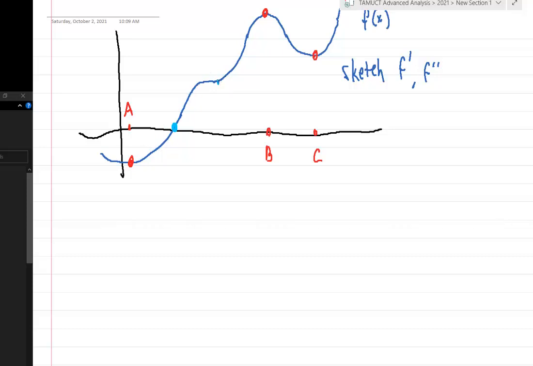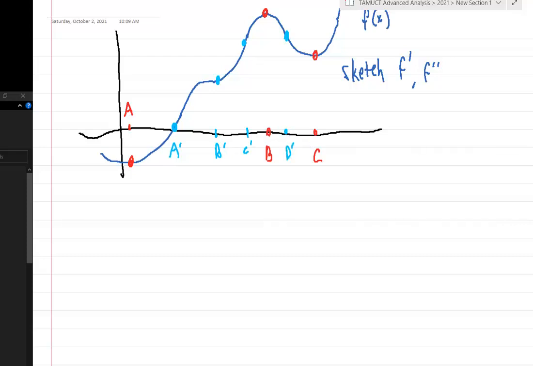Here's another point of inflection: concave down, now concave up. Here's another: concave up, then concave down. Here's another: concave down, then concave up. And those are all the points of inflection. Let me call them A prime, B prime, C prime, and D prime.